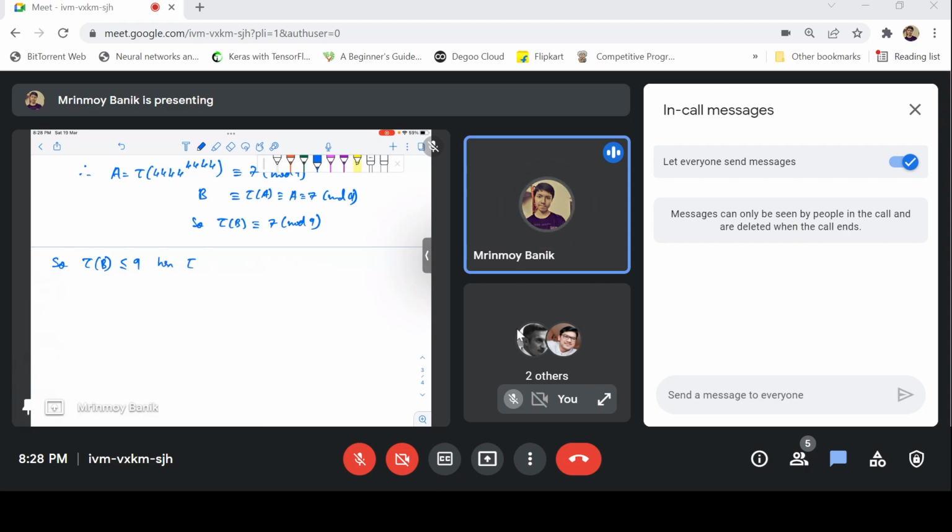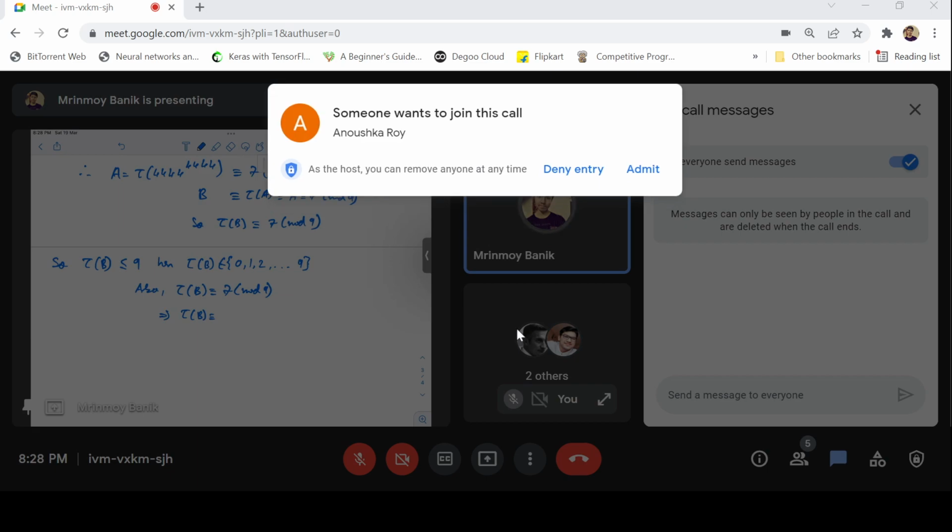Hence tau b is a unit digit, a single digit, not a 2-digit number, right? And we know tau b is also congruent to 7 mod 9. So that implies tau b has to be 7 or it has to be minus 2. Minus 2 can't be right, since minus 2 can't be a digit.